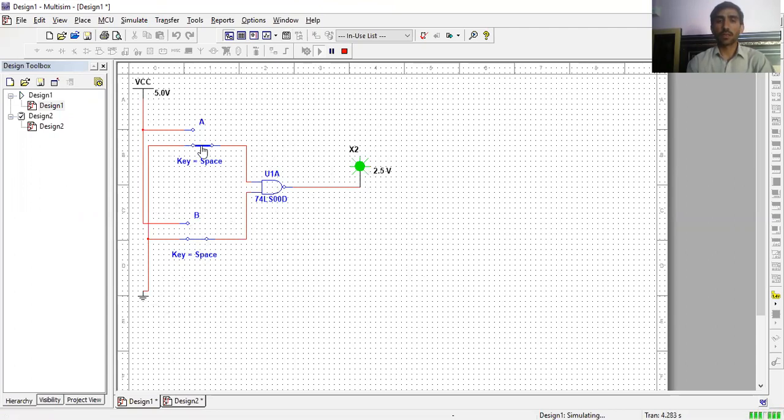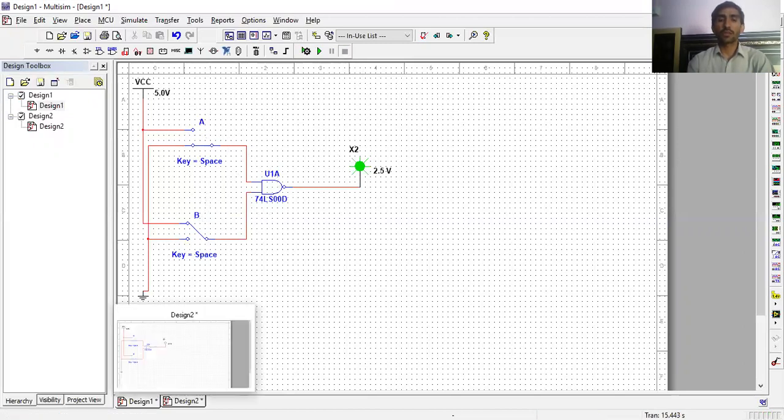When A is connected with 1 and B is connected with 0, then output will be 1. When A is connected with 1 and B is connected with 1, then output will be 0. When A is connected with 0 and B is connected with 1, then output will be 1. According to the NAND truth table.